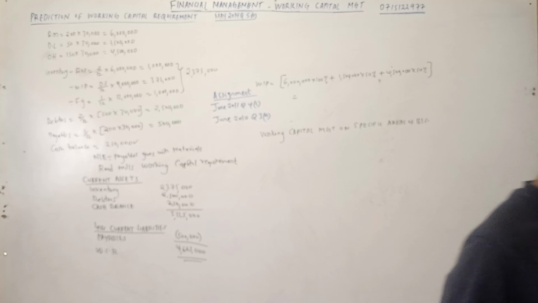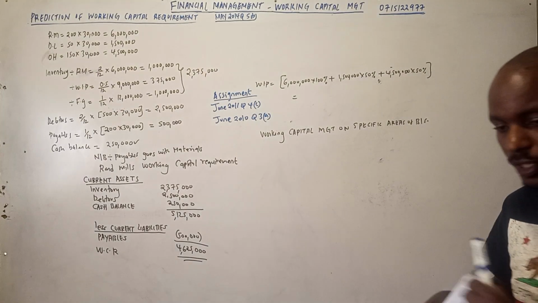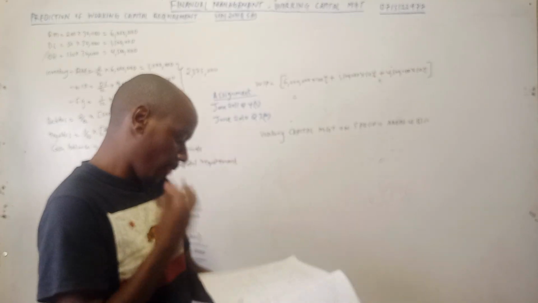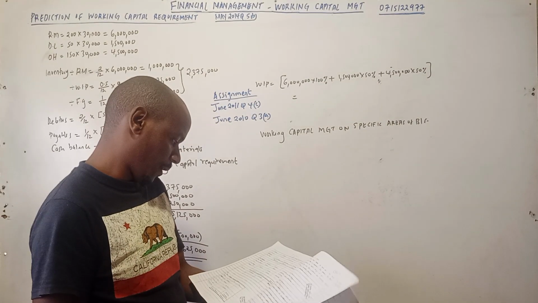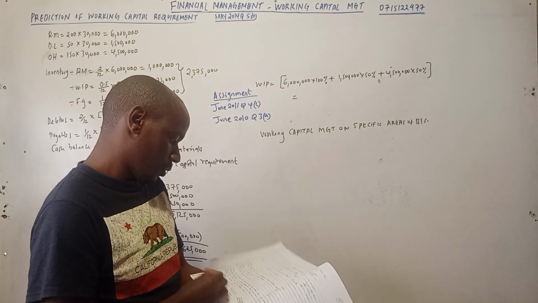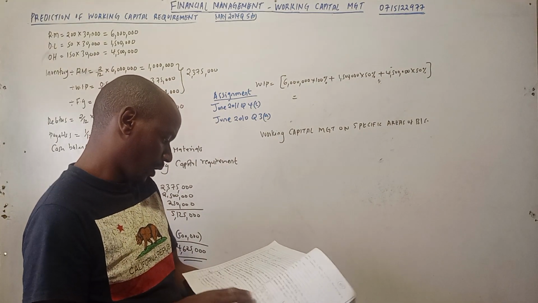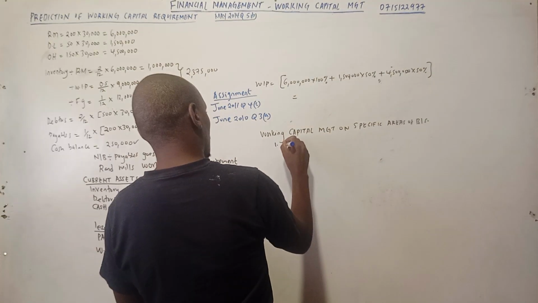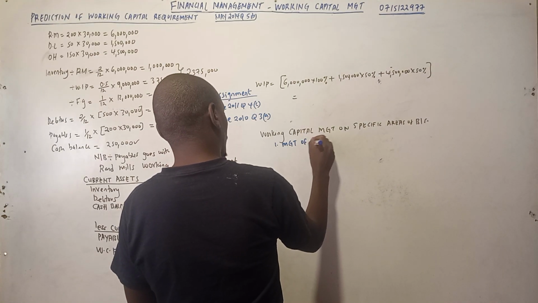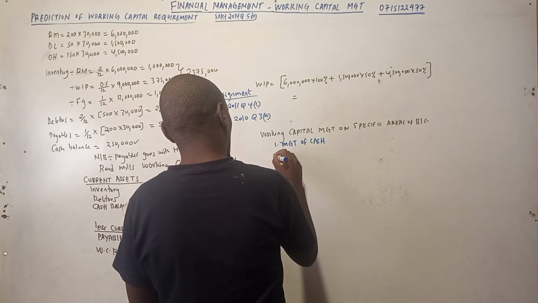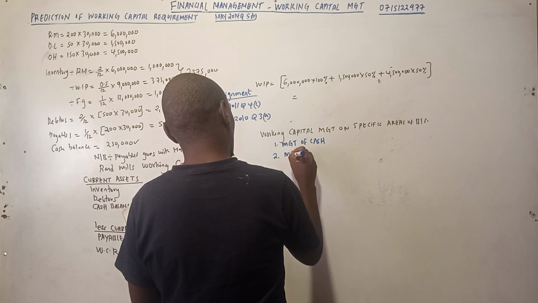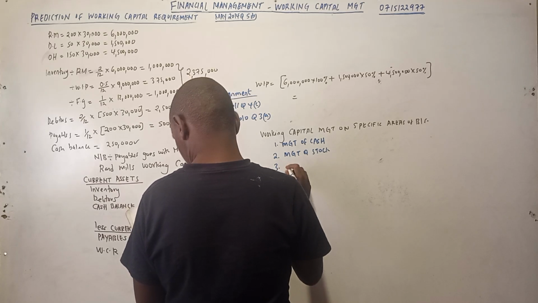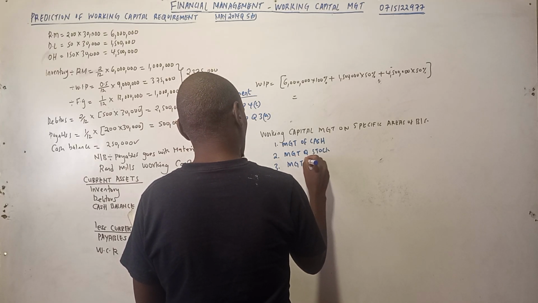To be specific, let me give you those areas so that as we do them we tick them off. I think that will be enough in one class. We have, for example, management of cash, number 2, management of stock, and number 3, management of debtors.